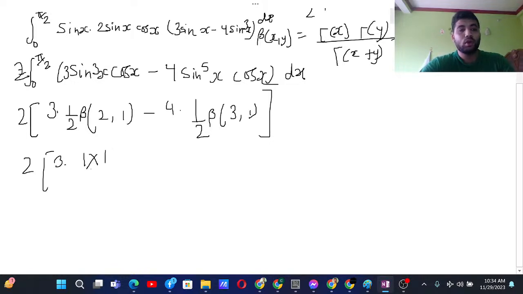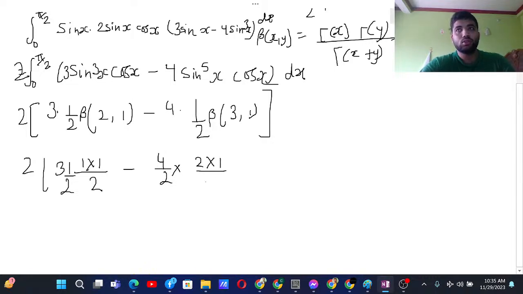Now gamma 2 is 1, gamma 1 is 1, and gamma 3 is 2, minus 4 by 2 times, again, gamma 3 gamma 1 by gamma 4. Gamma of 3 is 2 factorial, so that's 2. Gamma of 1 is 1, and gamma of 4 is 3 factorial, so that is 6.